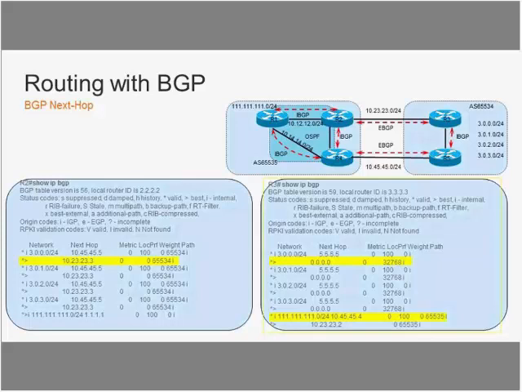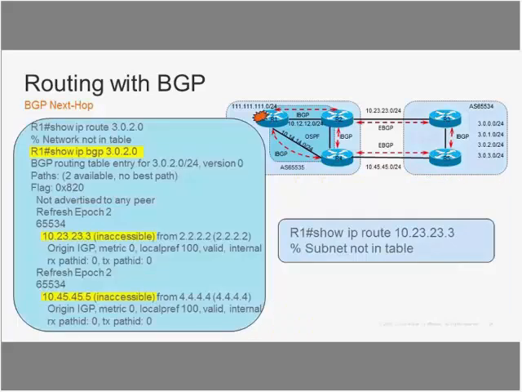Okay. Now, if you look at this, here, the arrow mark indicates that this route is selected as the best on router 2, show IP BGP 10.23.23.3. Okay. Now, when we go to R1, we cannot see that prefix in the routing table. So if you do show IP route, the routing table doesn't have that information.